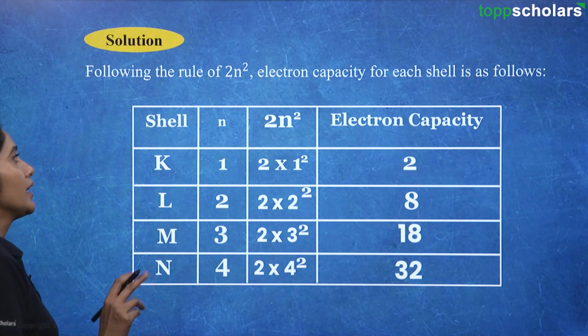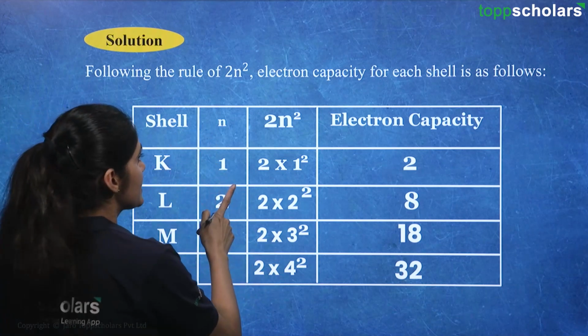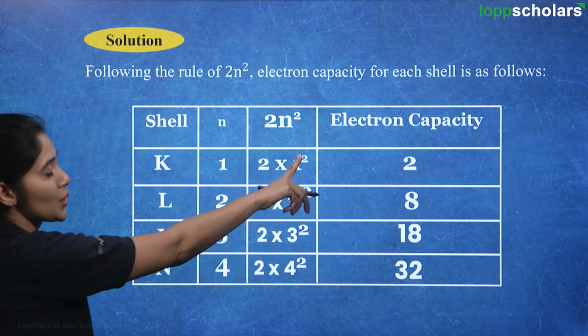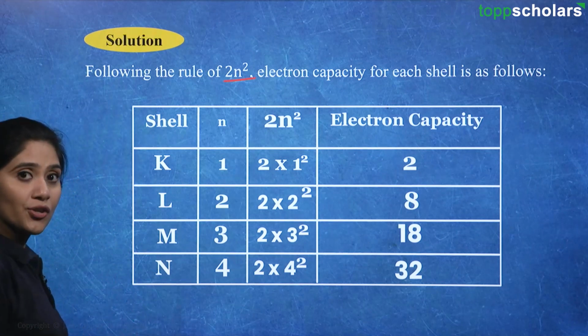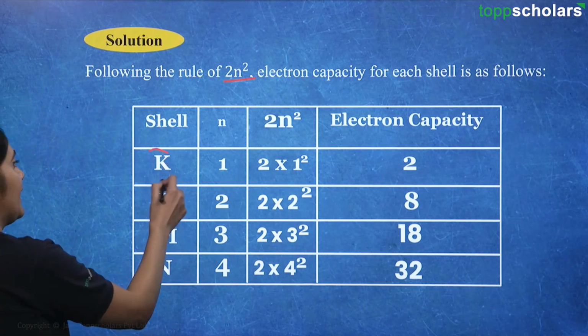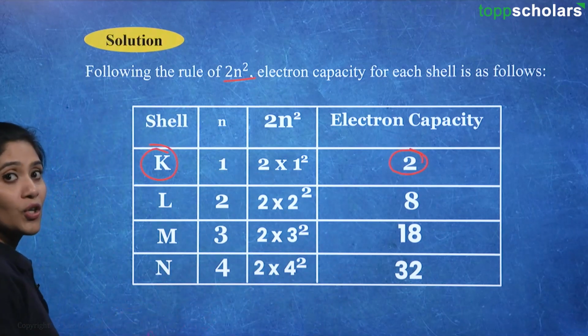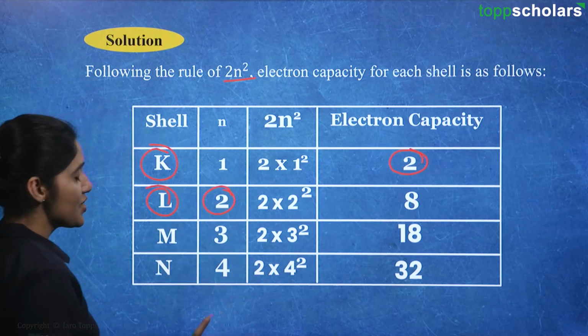For K, n is equal to 1, that is the first shell. So the electron capacity is 2 into 1 square as per this rule. So the electron capacity of shell K is going to be 2. Then for shell L, n is equal to 2, the second shell.